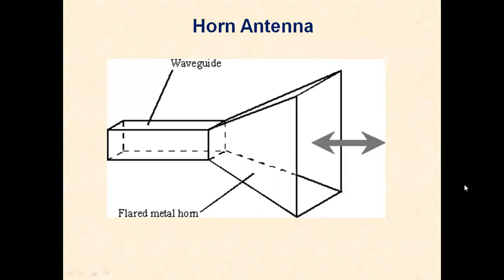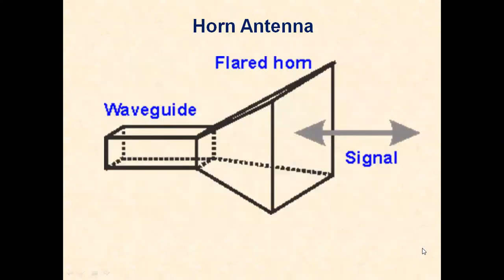Thereby, by applying microwave power at one end, by means of total internal reflection through the walls of the waveguide, the signal passes toward the other end, which is flared, and this flared waveguide structure is capable of radiating the power into the space in the form of electromagnetic radiation. So see how the signal is radiating.